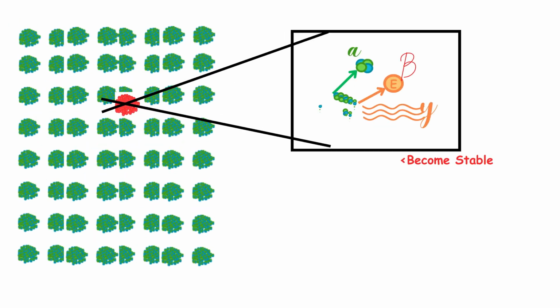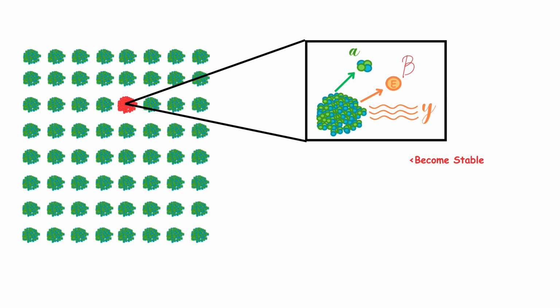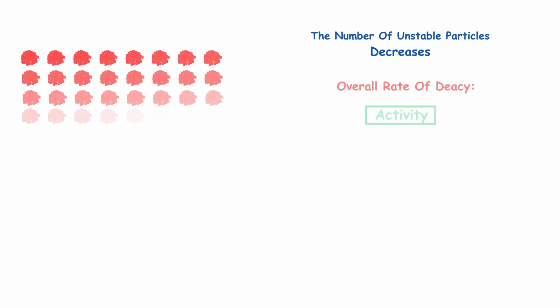To better visualize and understand this, let us consider a simplified scenario where our radioactive sample consists of 100 unstable isotopes, each capable of emitting radiation to reach a stable state. When we observe the sample over time, the first thing we notice is that the decay process is entirely random, meaning there is no possible way to determine when any specific isotope will decay.